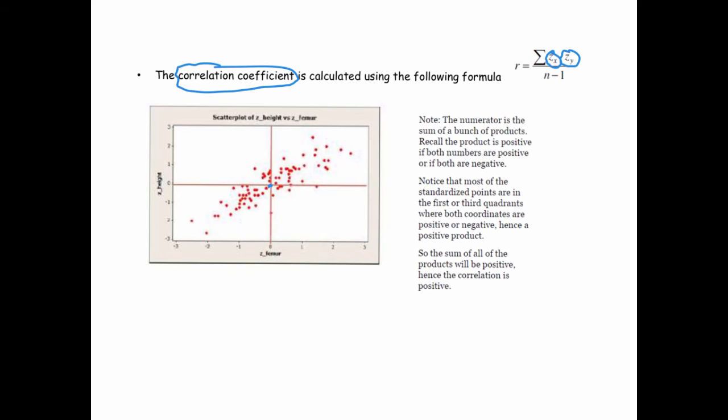Now, if there are more points in the top right and the bottom left, then that means that overall the association is positive. So the more positive the R value becomes, the more it's indicating that you have many points in the top right and the bottom left. On the other hand, if you get a strong negative correlation, that means there are many more points in the top left and the bottom right.